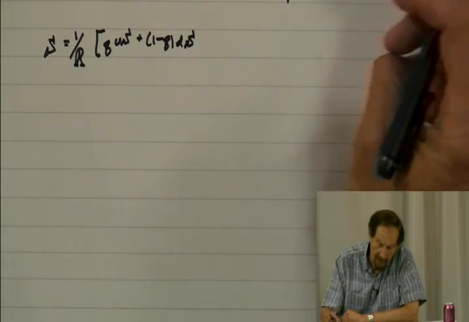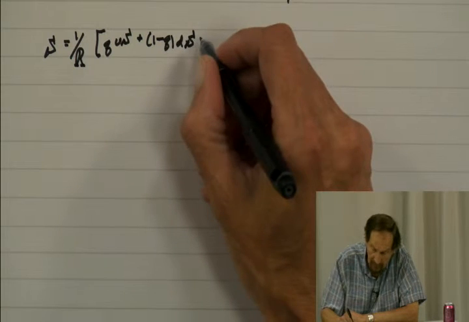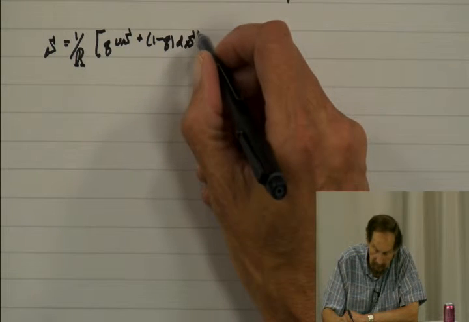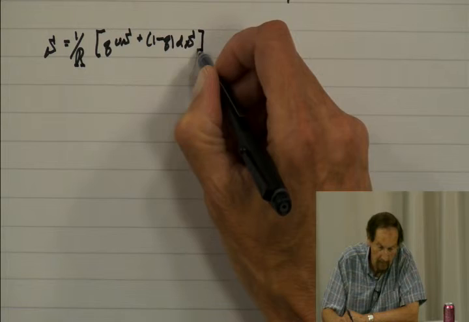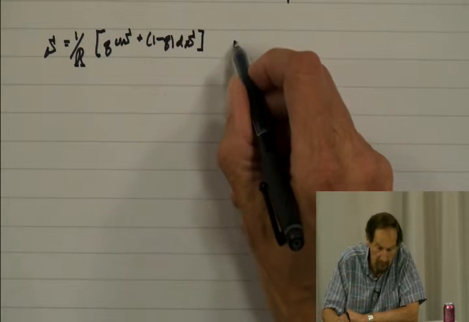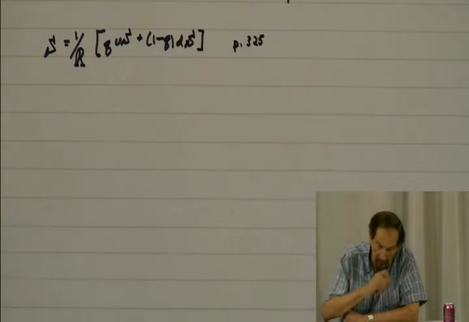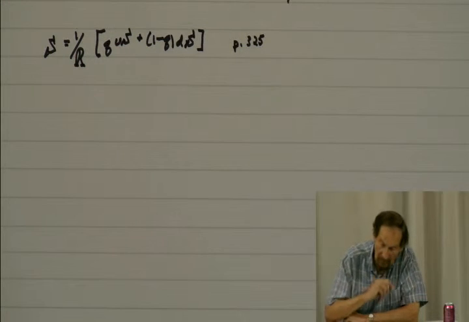So if you bring that back one period, you get this equation here. And this is page 329. Maybe it doesn't have a number. Okay. So let's look at that.